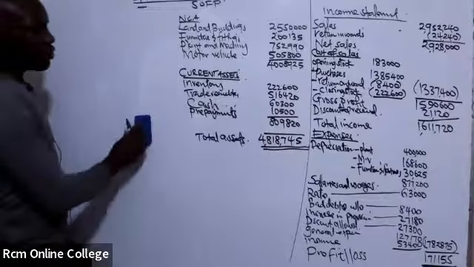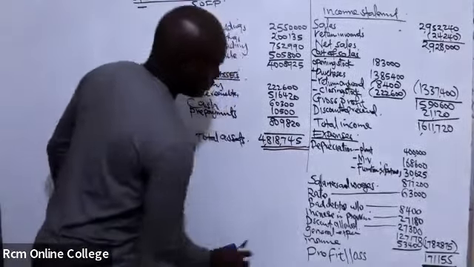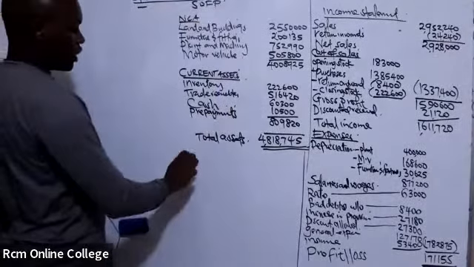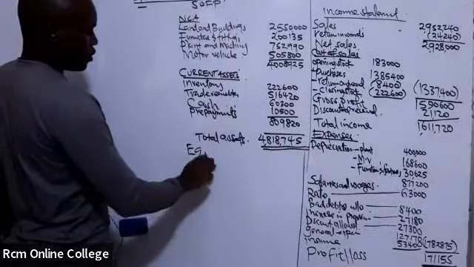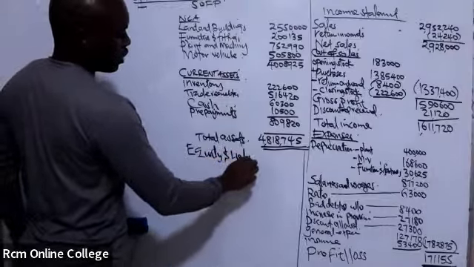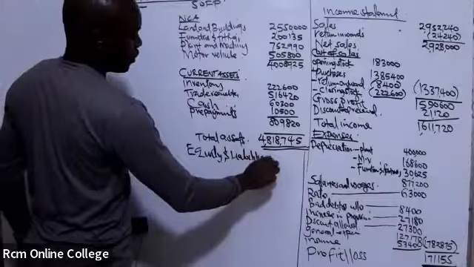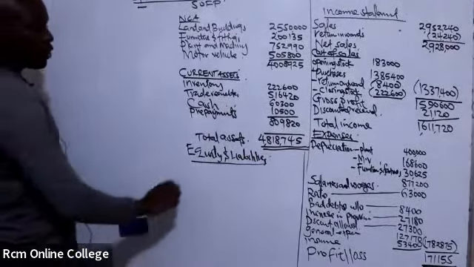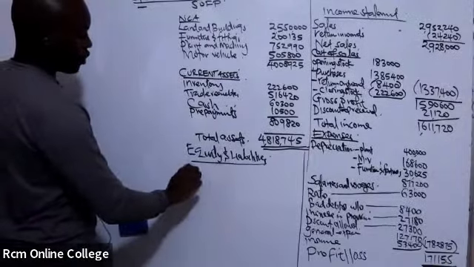So let's go to the equity part. Equity and liabilities. Now, under equity and liabilities, we start with capital.